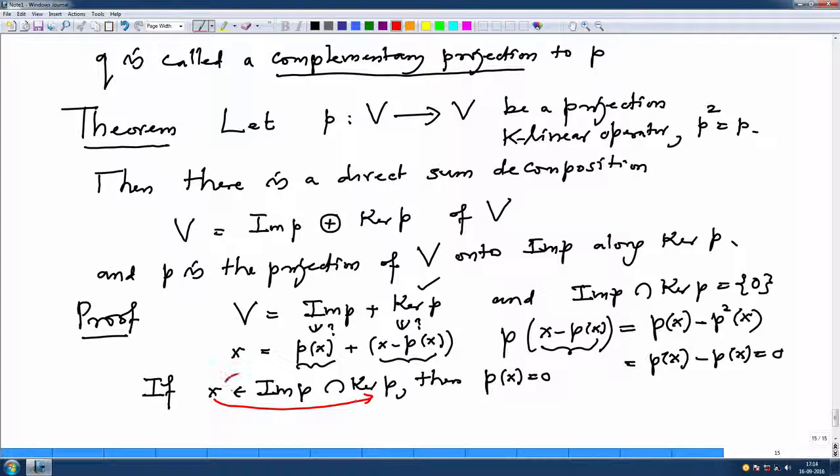Now, I want to use that x belongs to the image as well. That means x is P of somebody, x is P of y.